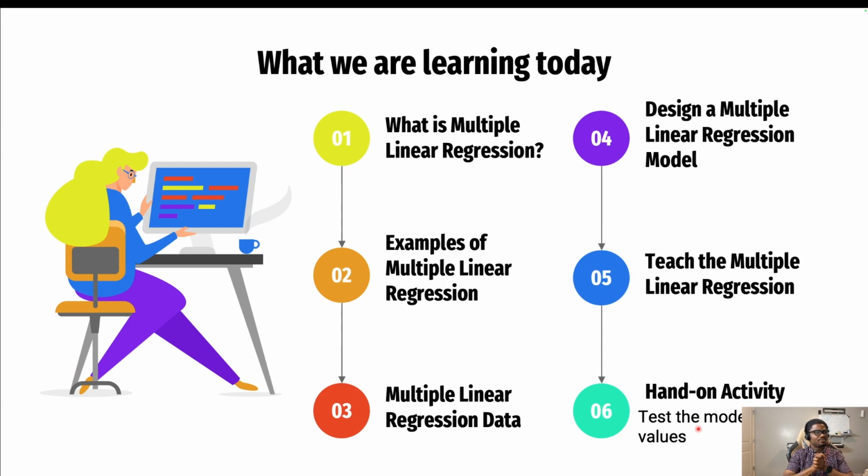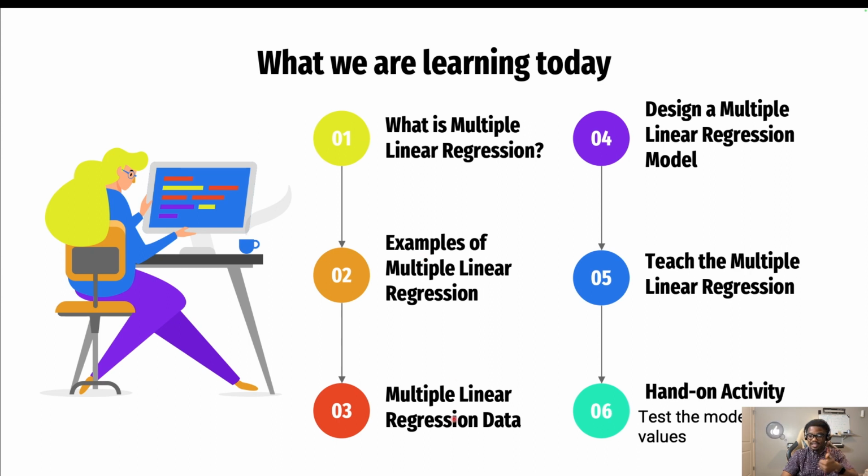So what are we going to learn today? In today's class we're going to learn the definition of multiple linear regression. What is multiple linear regression and how is it different from linear regression? We're going to have some examples of multiple linear regression.